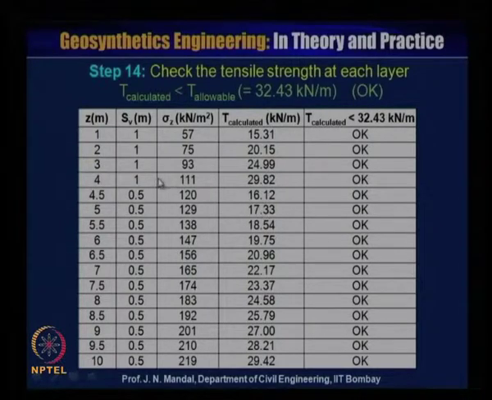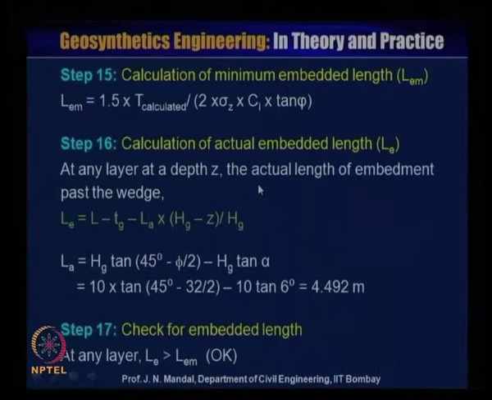So you can go to 1 meter and see whether it satisfies this criterion. Now, step 15, calculation of minimum embedment length, that is LEM. LEM is equal to 1.5 into T calculated divided by 2 into sigma z into Ci into tan phi.